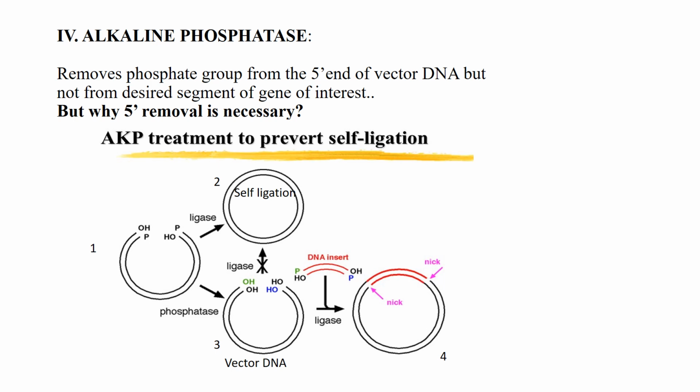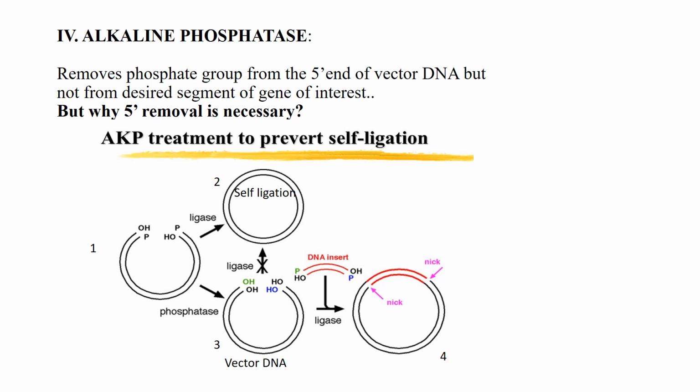They only remove phosphate group from the vector DNA at 5' end. Actually, why is the treatment of alkaline phosphatase necessary? Because to prevent self-ligation. To prevent self-ligation, we will allow alkaline phosphatase.